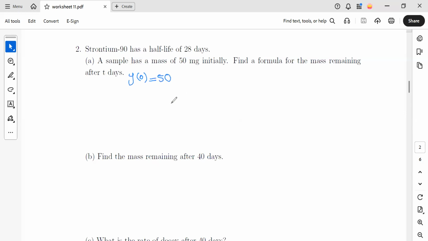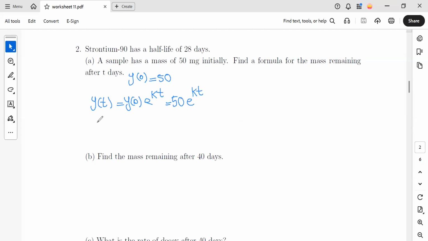So in order to write the model or the formula, we're going to find y of t equals y of 0 e to the power kt as we had for the model. So it will be 50 times e to the power kt, and we're going to use to find k and then put it back to find the model.